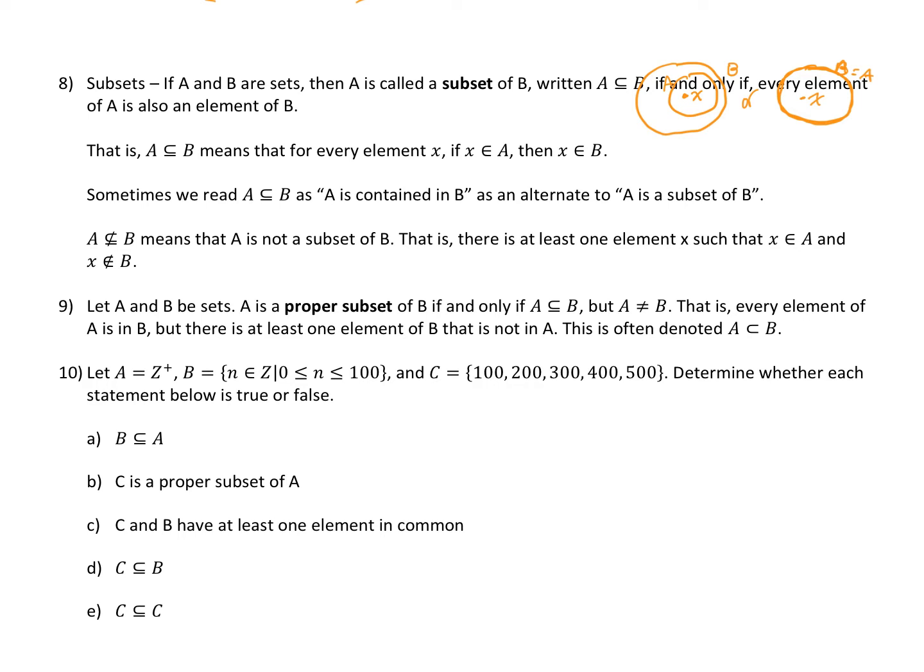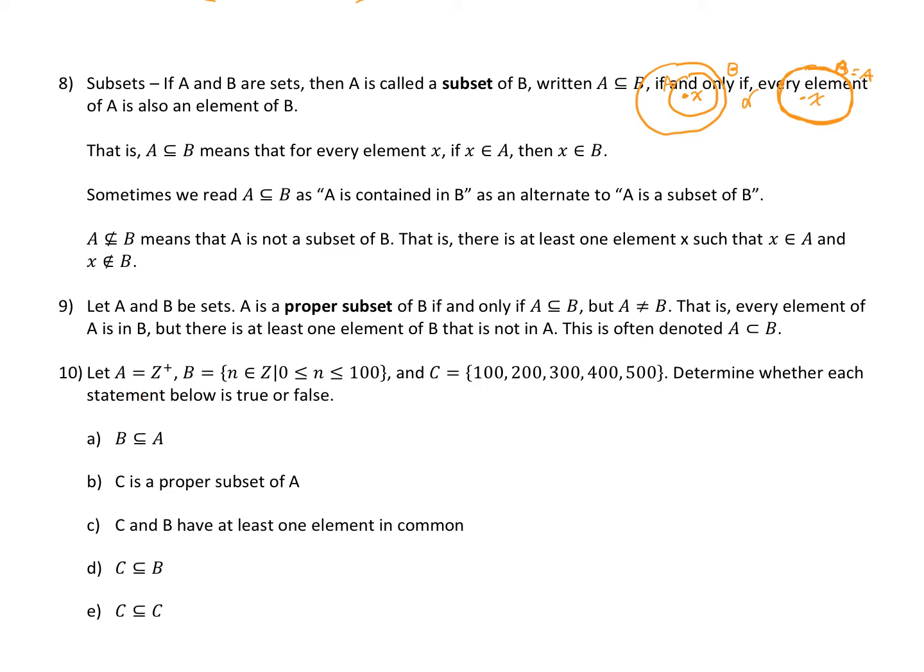Okay, is B contained in A? So B is 0, all the integers from 0 to 100, including 0 and 100. Do all of those numbers live in the positive integers? Almost all of them do. The only problem is 0. 0 is in the set B, but it's not in the positive integers because 0 is not positive.